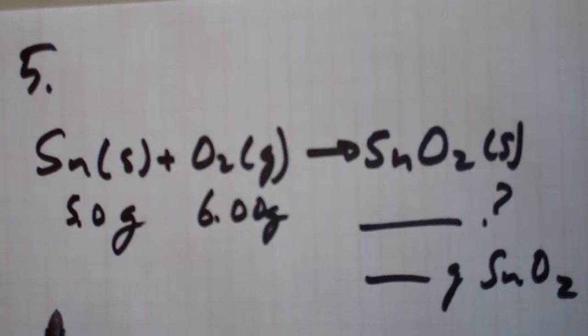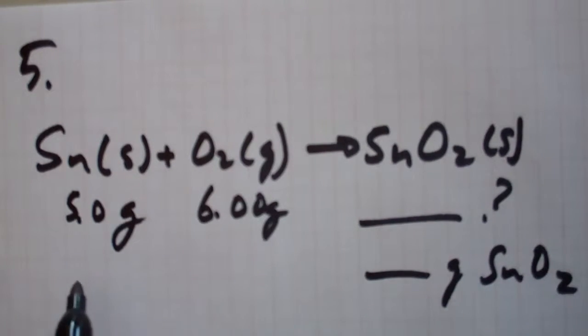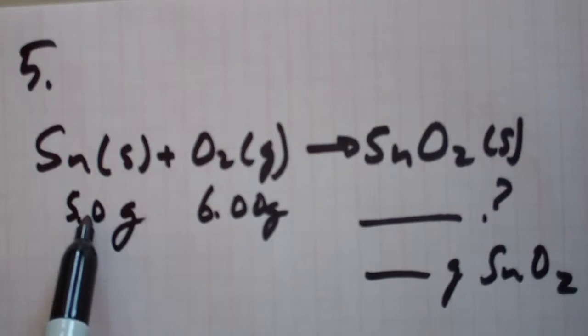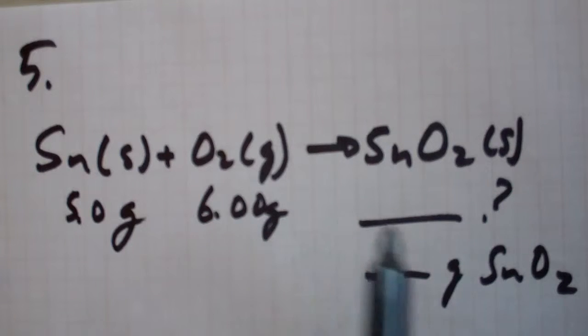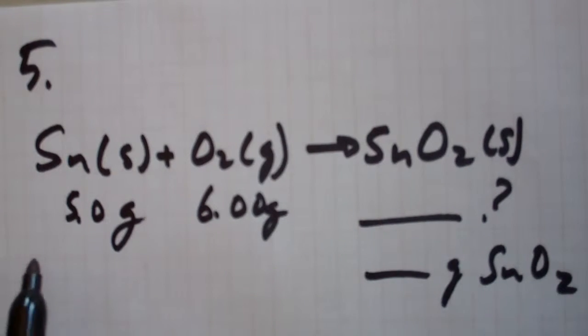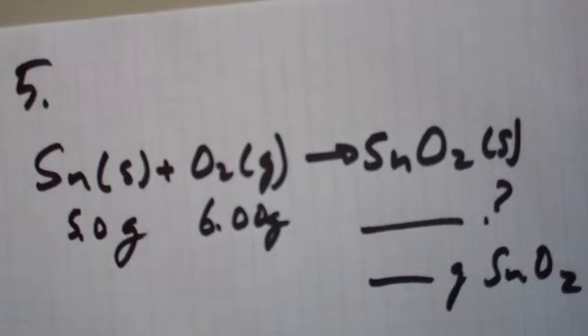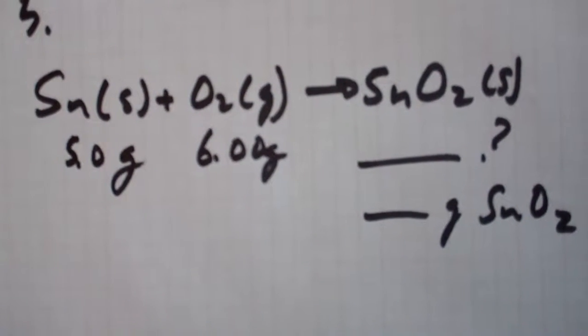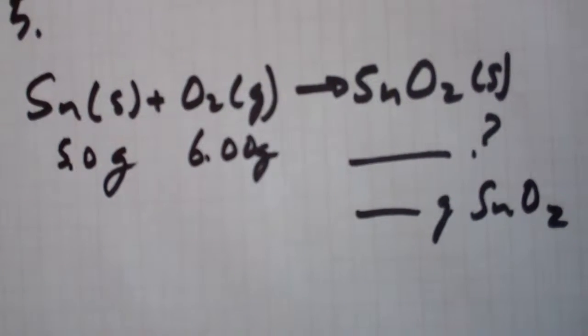Well, maybe. Your friend can be right if 5 grams of tin react with 5 grams of oxygen and you have 1 left over. That works. But that only works if there are no such thing as atoms that react in specific ratios.